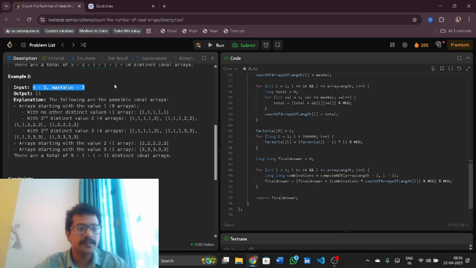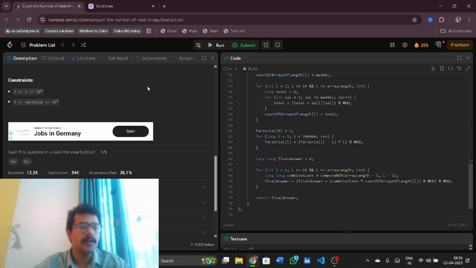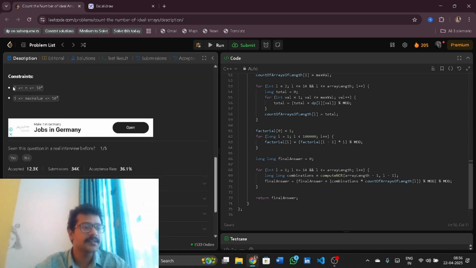If I take n equal to 5 and maxValue equal to 3, these are the arrays which are ideal. Now, the constraints: 2 is lesser than or equal to n, lesser than or equal to 10^4, and 1 is lesser than or equal to maxValue, lesser than or equal to 10^4.